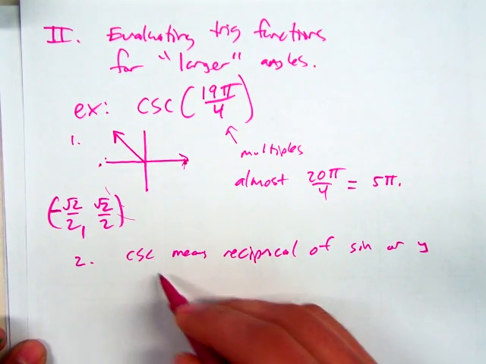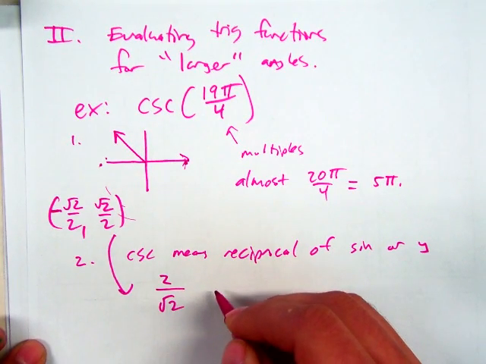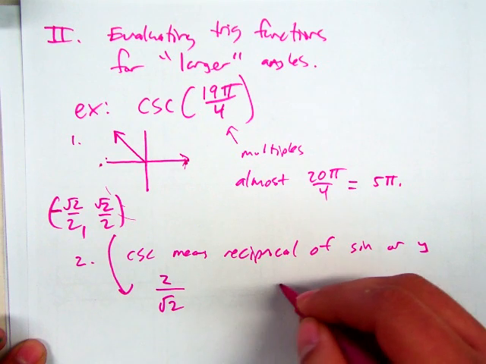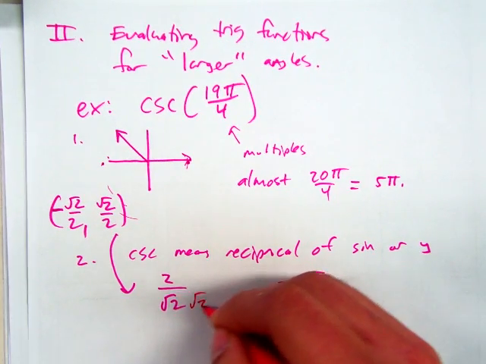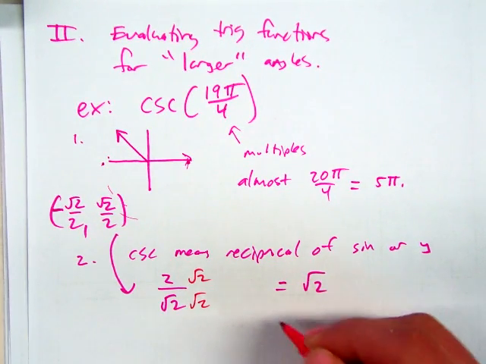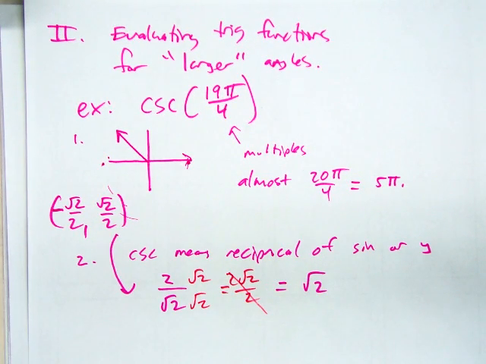Reciprocal of root 2 over 2 means to do 2 over root 2, which if you've done enough, you know becomes just root 2. And if you don't see that, multiply by root 2 top and bottom. You get 2 root 2 over 2. 2's cancel. You get root 2. Does that make sense?